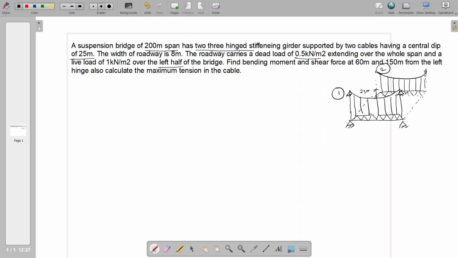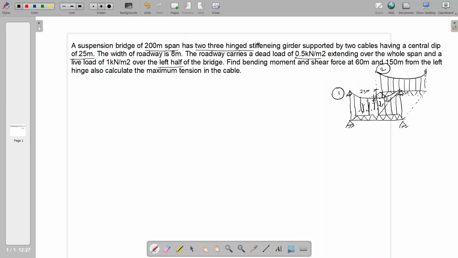The load is given as the area load. If it is the left half portion, the load is given as the area loading, which is acting over the particular area. That's why it is in kilonewton per meter square.